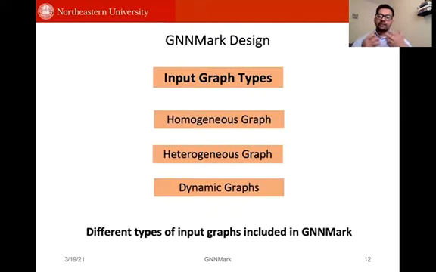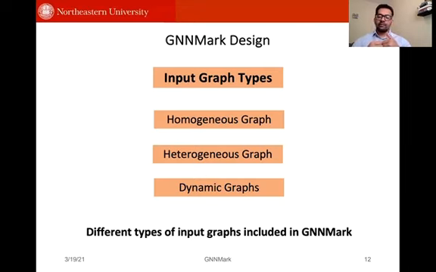And finally, there are different types of input graphs, which I briefly mentioned before. First of all, we have homogeneous graphs, where the graph contains nodes and edges of a single type. If you think of a social network graph where you're collecting just people, and whether they're connected to each other or not, that will be a homogeneous graph. A heterogeneous graph would contain nodes and edges of multiple types.